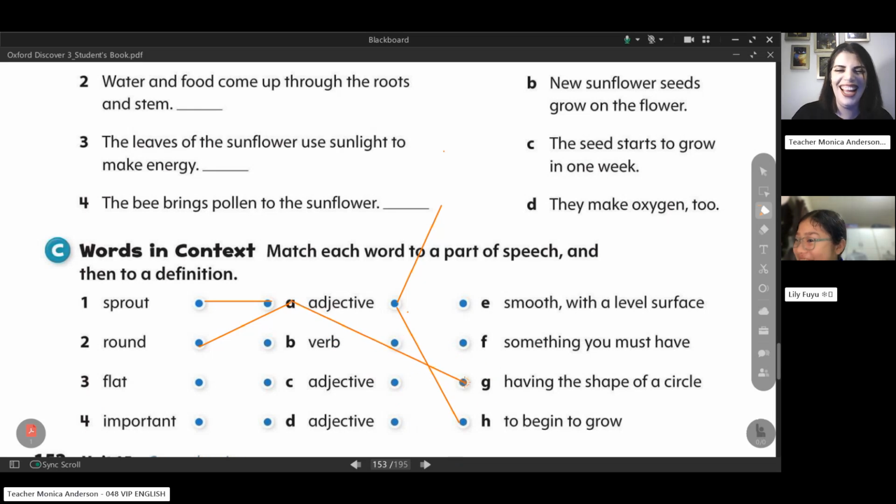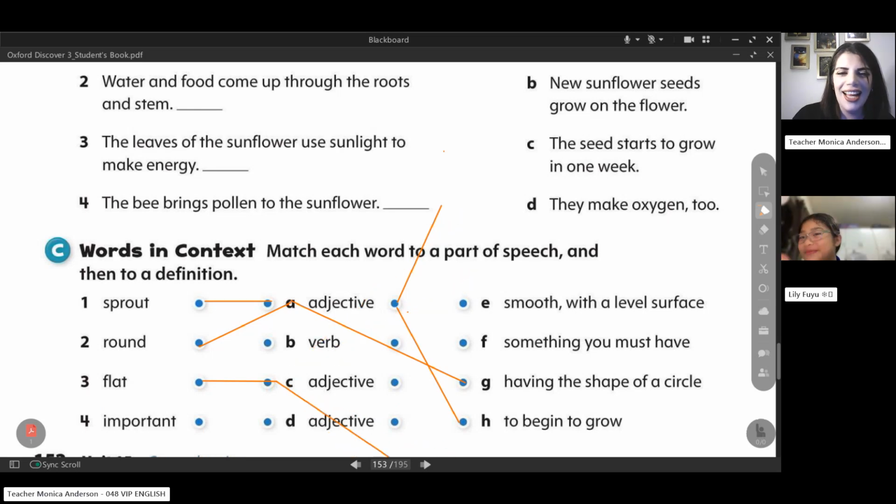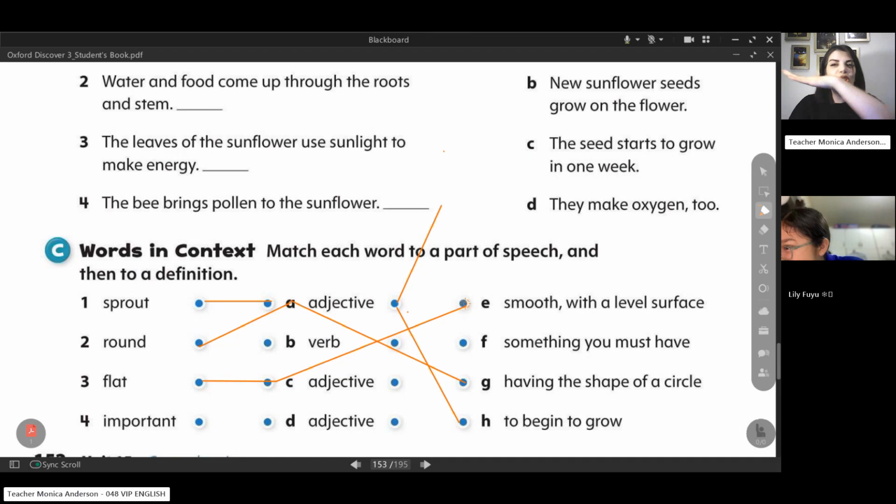Okay. Flat. Flat is verb. No. No. Flat is adjective. No. Flat means something smooth, with a level surface like this.